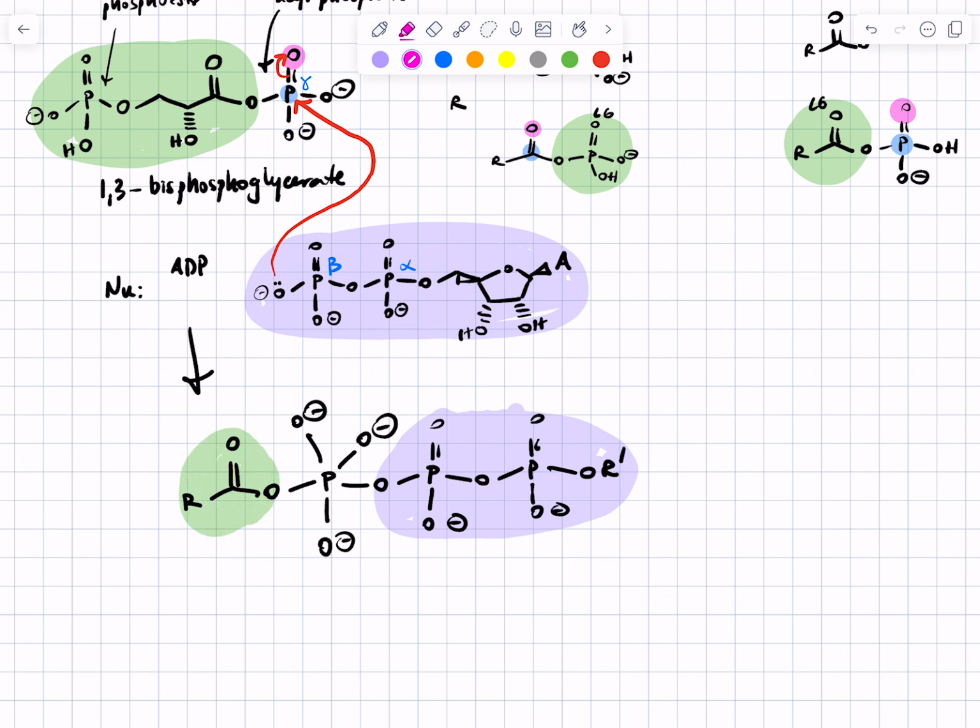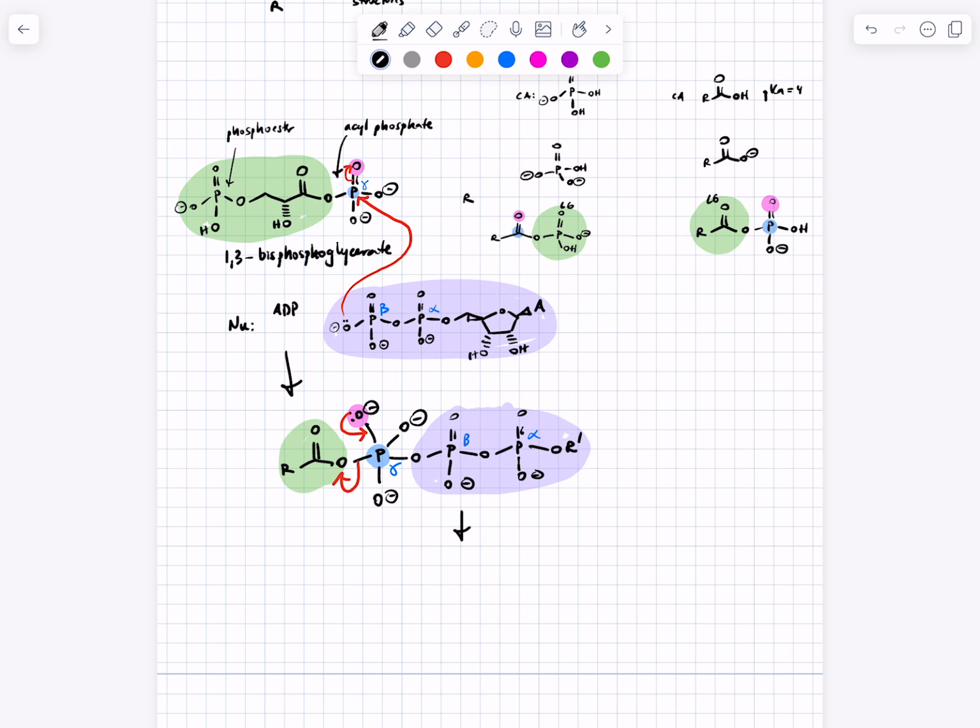This is the phosphate that got attacked. This is the negatively charged oxygen. This is the alpha, the beta, the gamma phosphates. An elimination reaction happens next where electrons on the oxygen kick down and the carboxylate leaves, and boom, we get 3-phosphoglycerate, which I'm just representing as this, but the structure is shown on your handout, and then ATP.